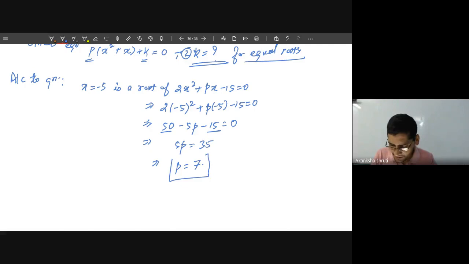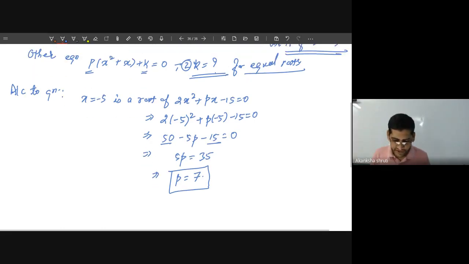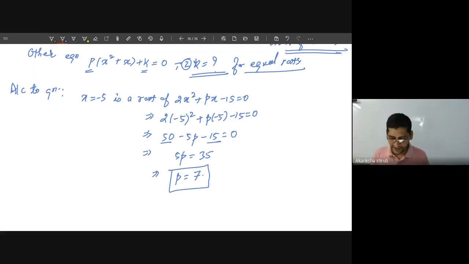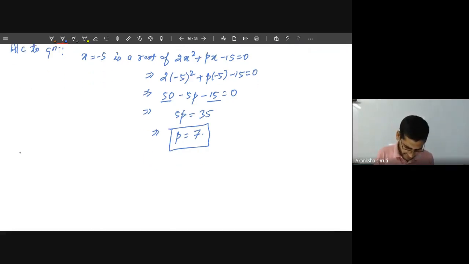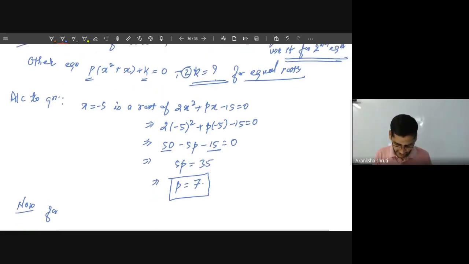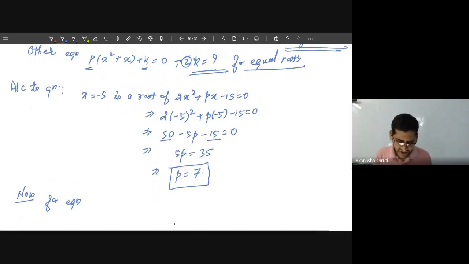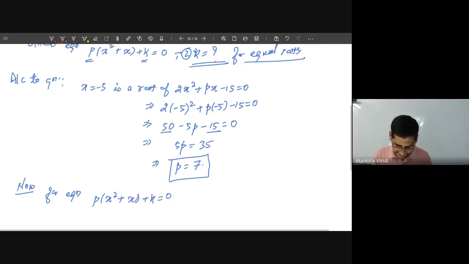It is 7. But the question was not for calculating the value of p. The question was for calculating the value of k, which is in equation number 2. But this p is required for equation number 2. Now, write down the equation. The other equation is also given as p of x square plus x plus k is equal to 0.